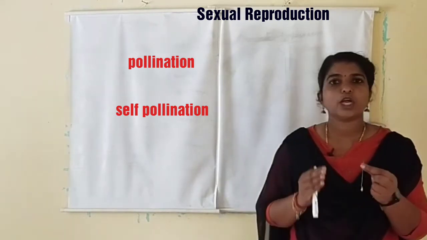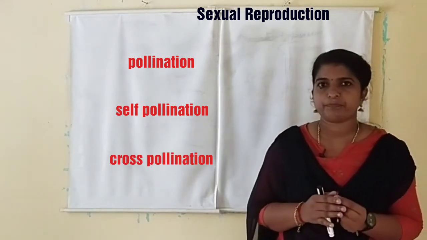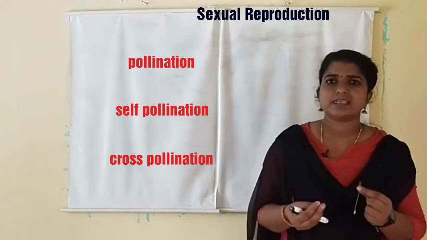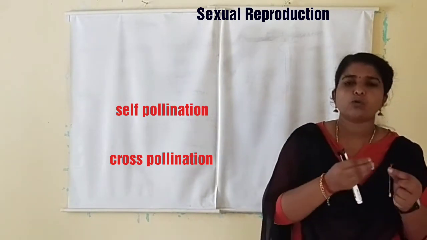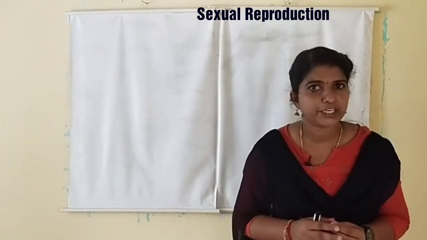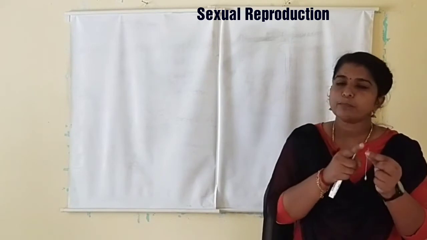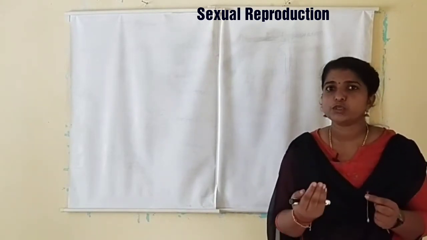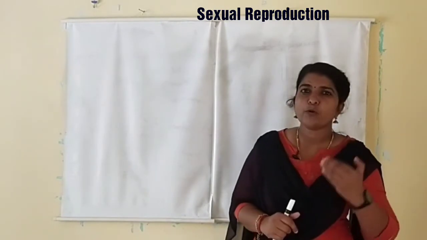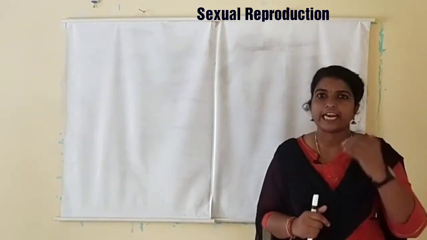That is known as cross-pollination. Animals, water, wind, etc. help in cross-pollination. These are the agents of cross-pollination. And this pollination leads to fertilization. Now let us study how pollination leads to fertilization.